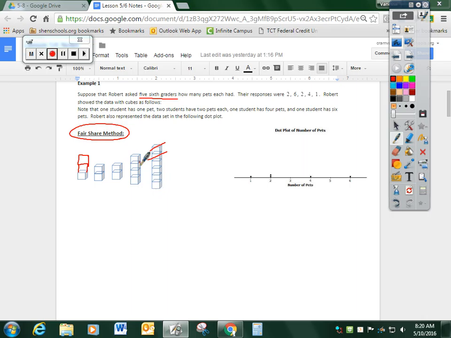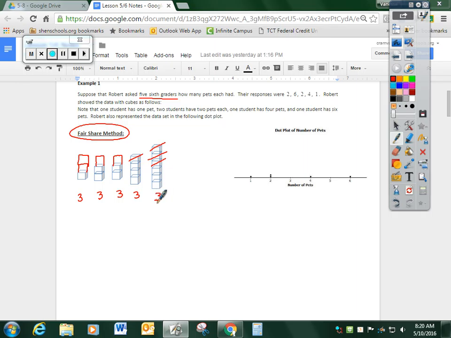So I'm going to actually take 1 more from here and put it on the lowest one. This one now has 3. This one has 4. So I'm going to take 1 here and move it here, the lowest one. And now you can see that each stack of cubes has 3.